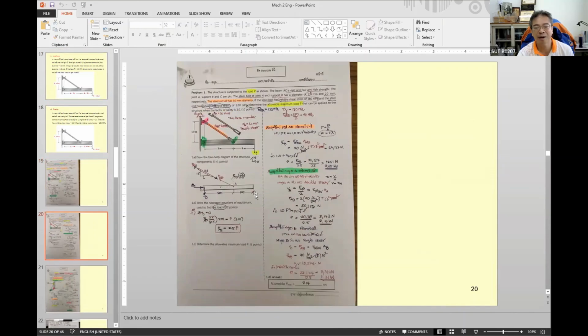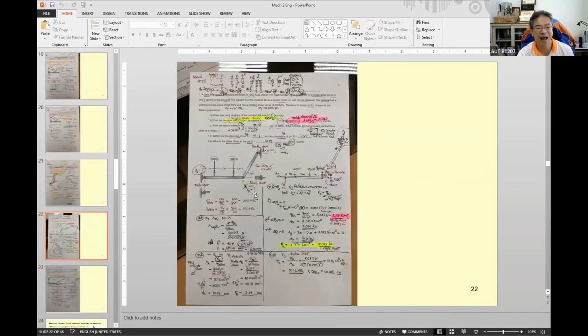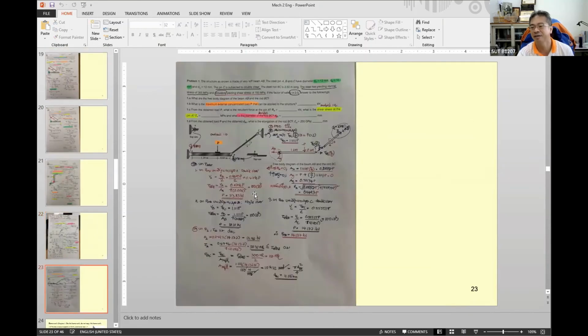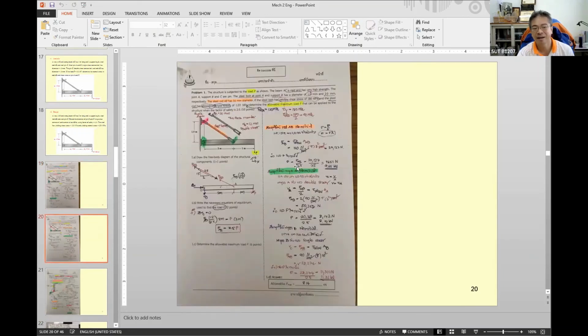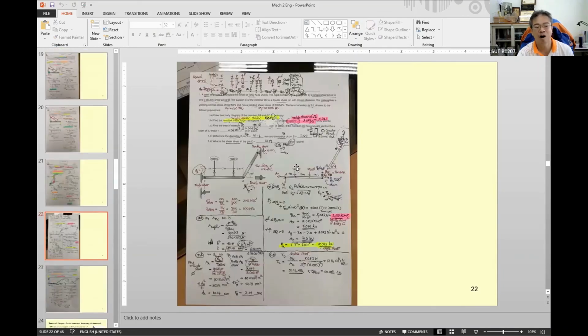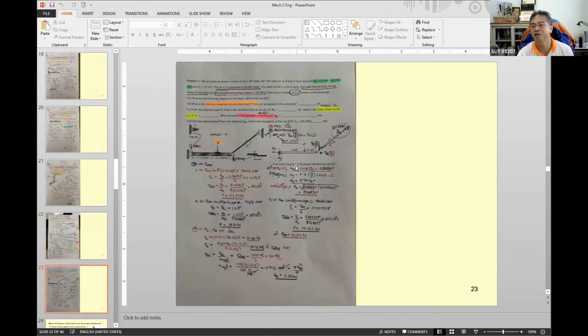I will put this one up, and I don't think I will have time to lecture on this. Later, maybe before the examination, I will show you how to solve this. Because this trimester, we don't know yet whether the problem is going to be written like this example, or multiple choice. If it's a written examination, I will come again and demonstrate to you guys how to write the problem correctly.